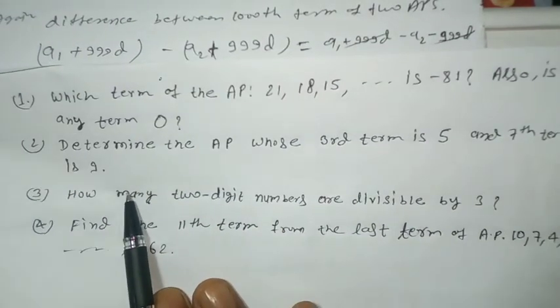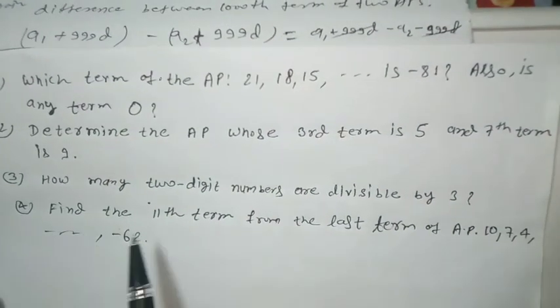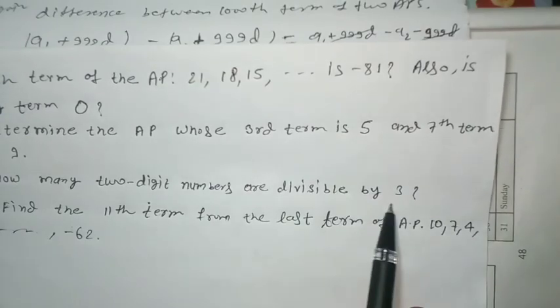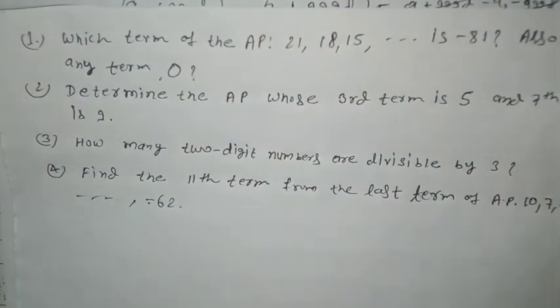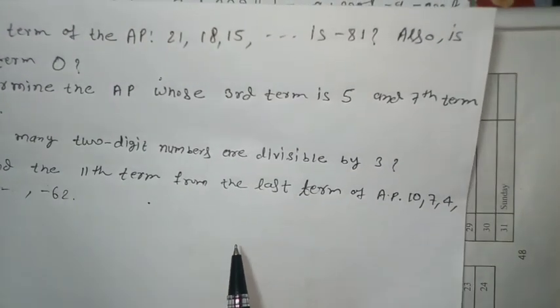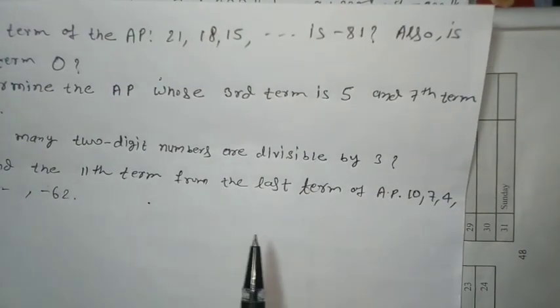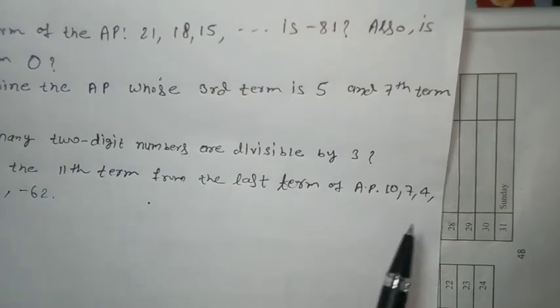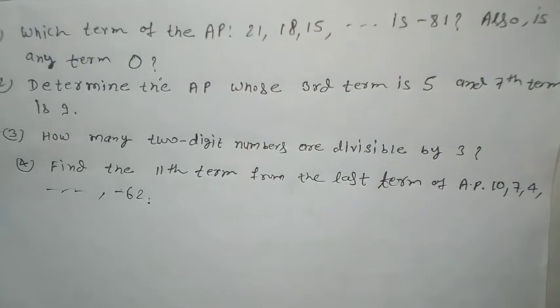Third question, how many 2-digit numbers are divisible by 3? Question number 4, find the 11th term from the last term of the AP 10, and so on, up to minus 62. That's all. Thank you.